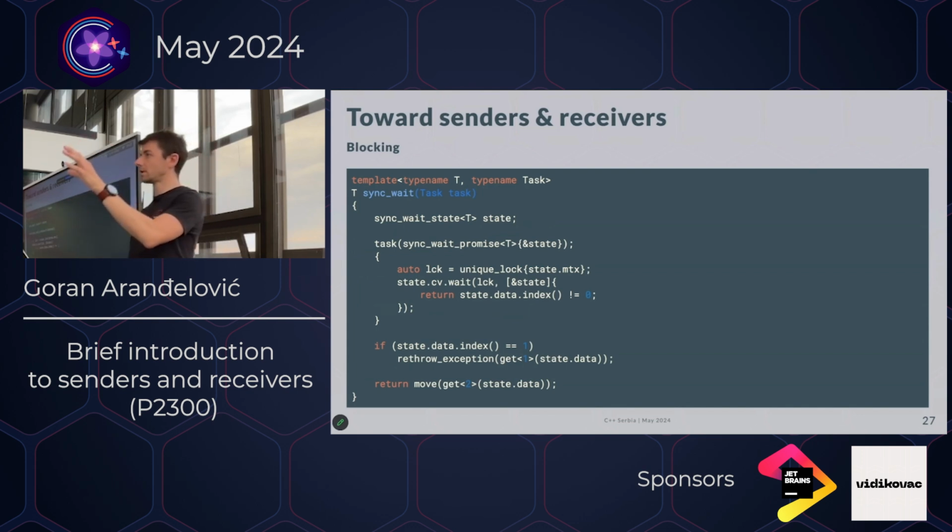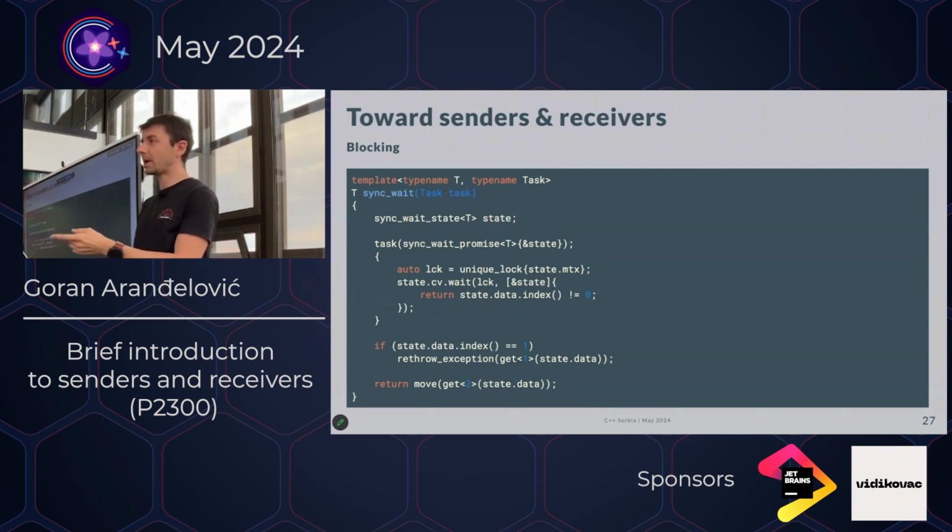At some point, you start the execution, but you want to wait for all of these things to complete and to get the result. You will sync wait on this combined task, okay? And if you look at the signature of this function, it indicates that sync wait actually returns a value, the final result, some T.